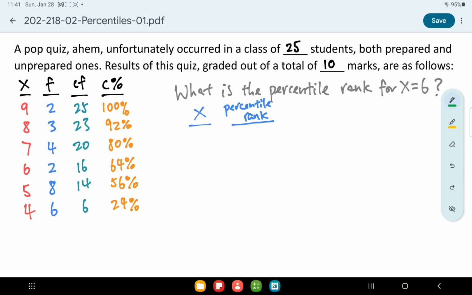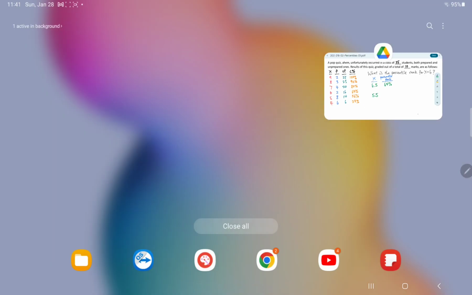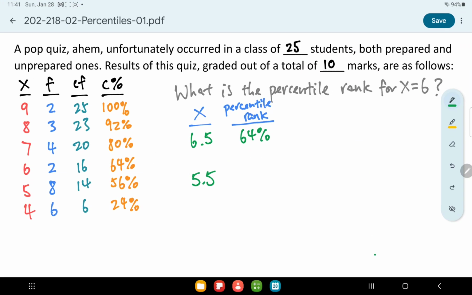So 6 is right smack in the middle of the upper and lower limits of 6.5 and 5.5. With their corresponding cumulative percentages of 64% and 56%, that is to say, the percentile rank for x equals 6 will have to be somewhere between 64% and 56%.